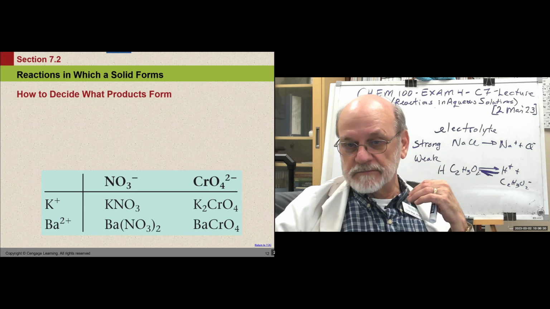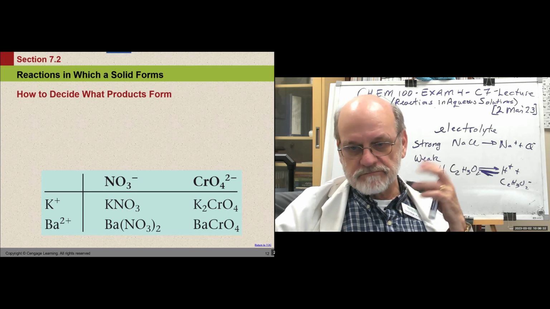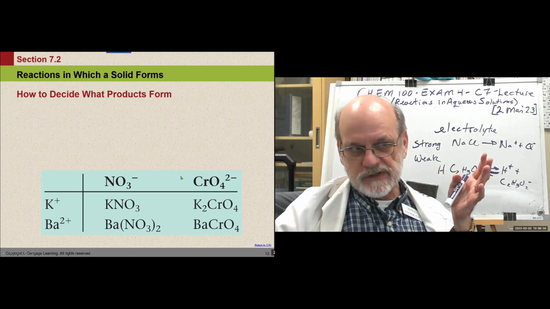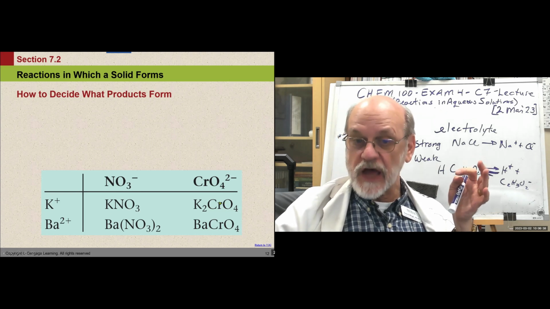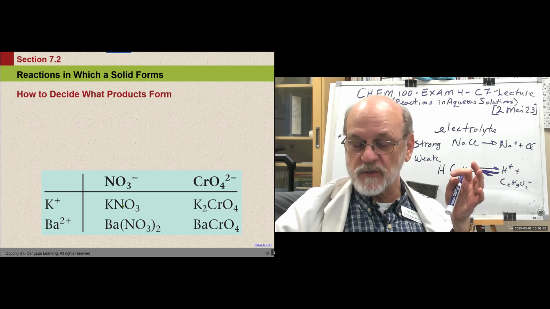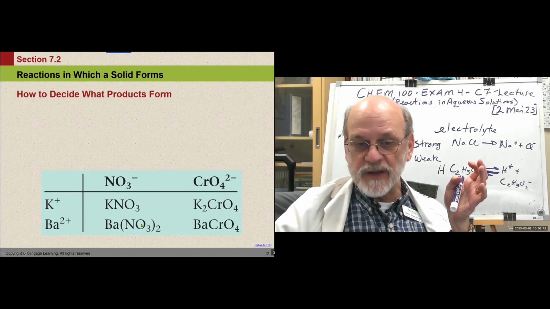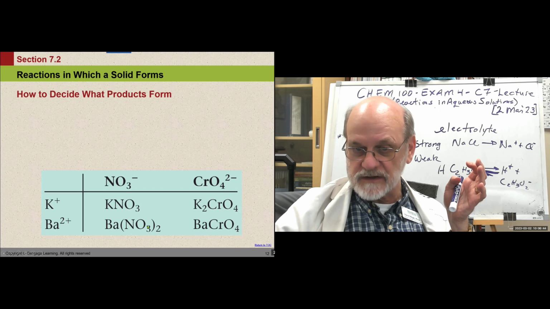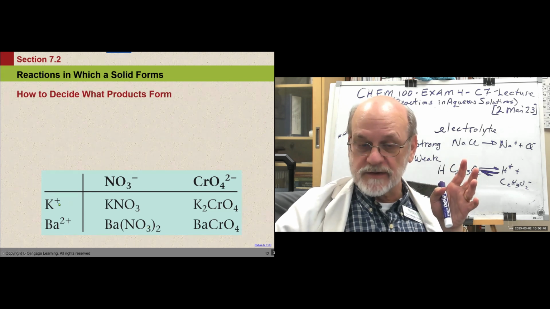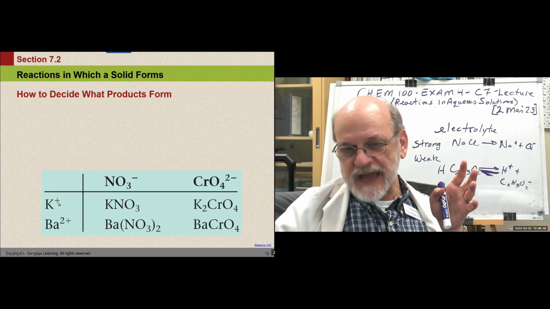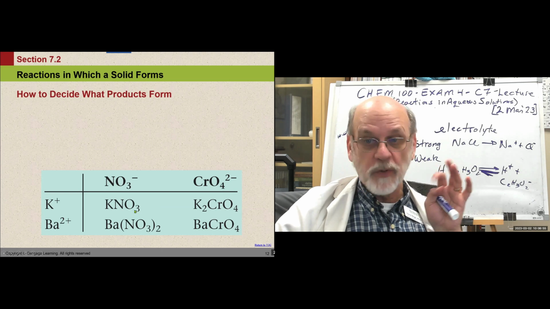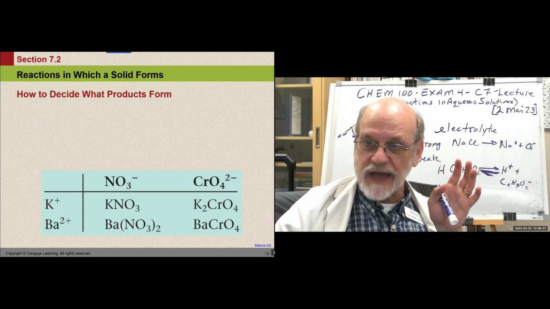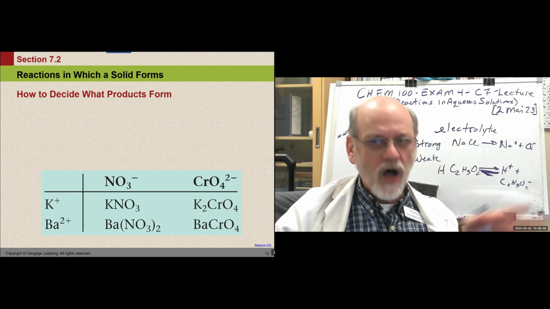So potassium chromate was soluble, and the barium nitrate was soluble. There's still some of that around. But if we get the potassium together with the nitrate, it's still soluble. No problem there. Nitrates and alkali metals together, they're always soluble.